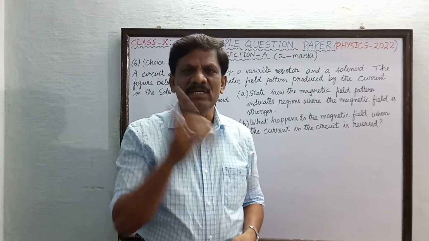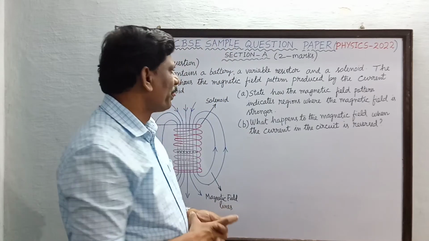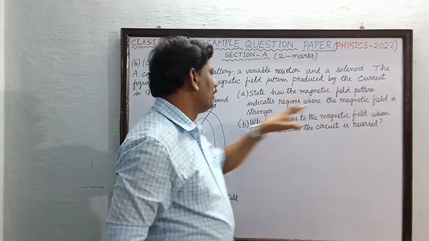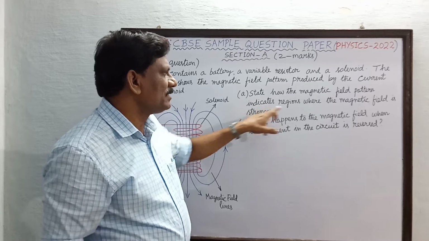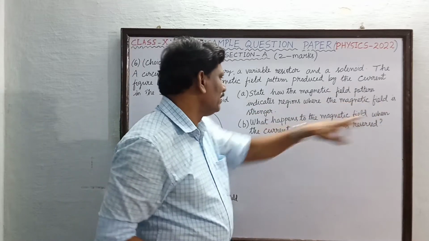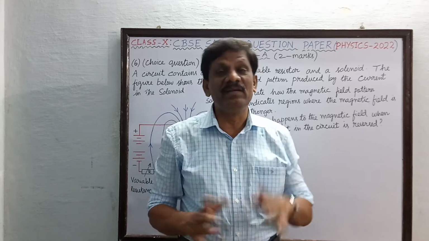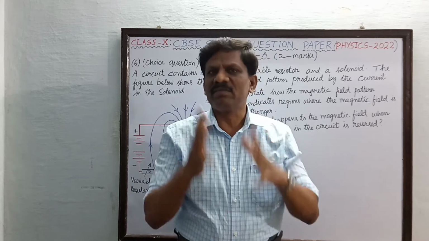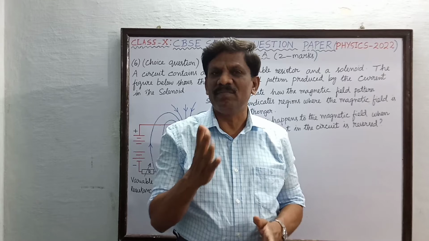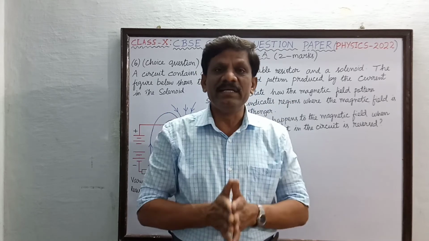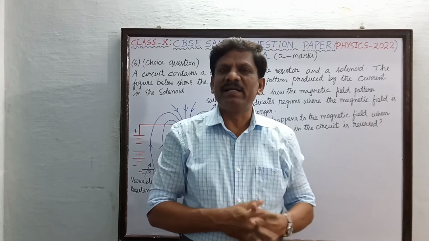Now in this, what is the question asked? Let us see now. A. State how the magnetic field pattern indicates the regions where the magnetic field is stronger. So in which region will the magnetic field be stronger? Stronger field is represented by what? The magnetic field lines which are very close to each other. We have studied the properties of magnetic lines of force.